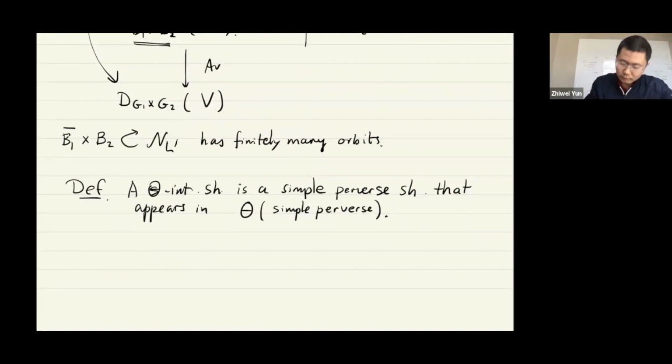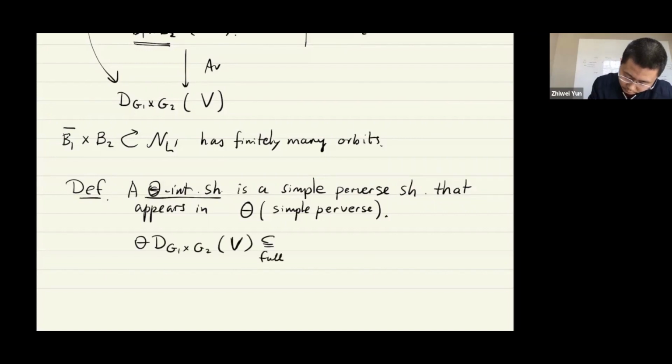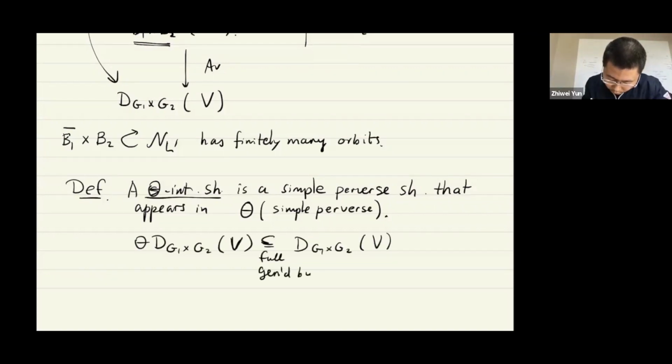So this is the definition of a theta intertwining sheaf, and we define the category to be just the full subcategory of G1 times G2 equivariant complexes on V generated by theta intertwining sheaves.